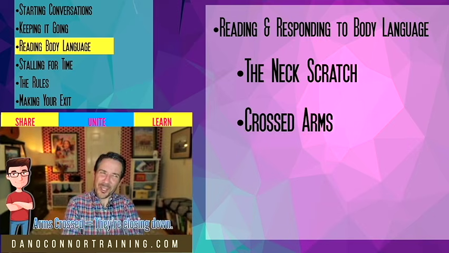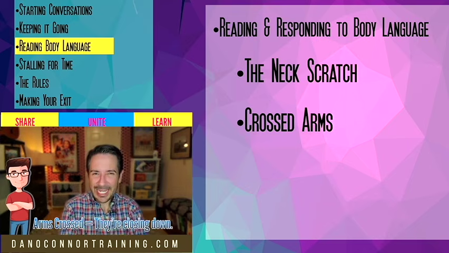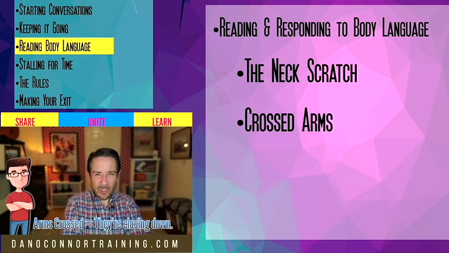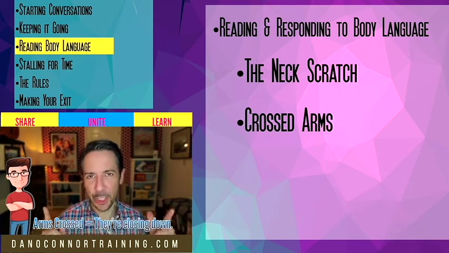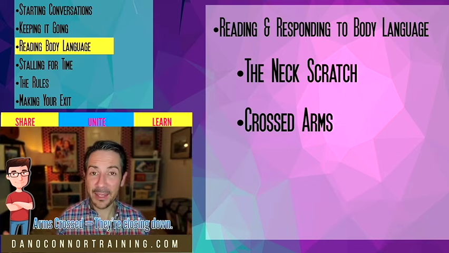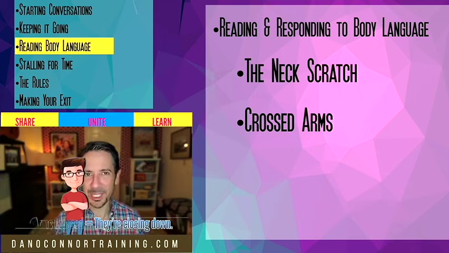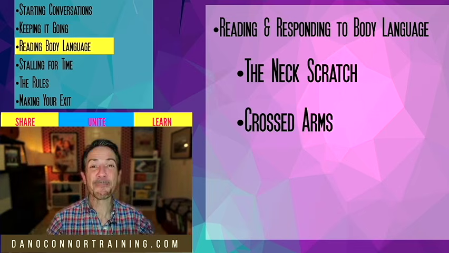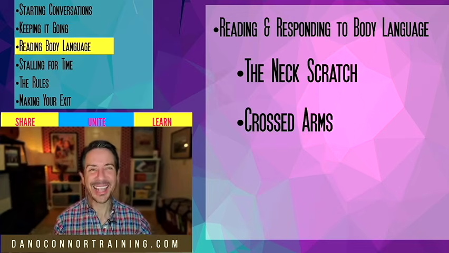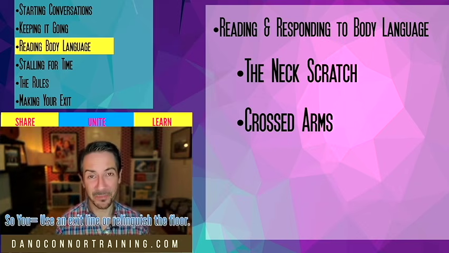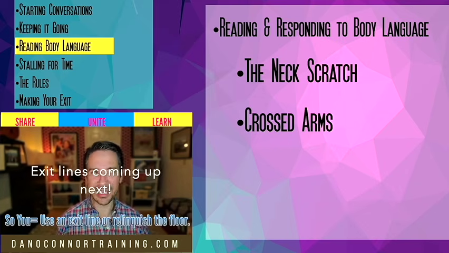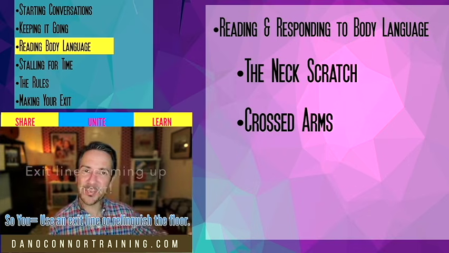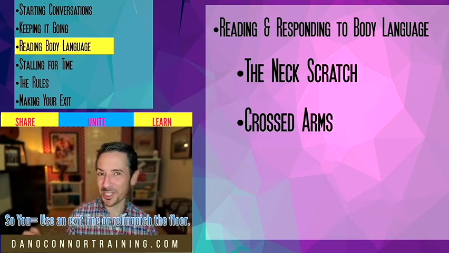Along with when somebody does this. If you're talking with somebody and they close down, they start to cross their arms, meaning, I'm closing down to you, that is okay. If this is a social gathering and somebody's crossing their arms, that means, I'm done talking to you. This conversation I wish were over. Therefore, the savvy communicator will use an exit line at that point to gracefully find another place to go or someone else to talk to.